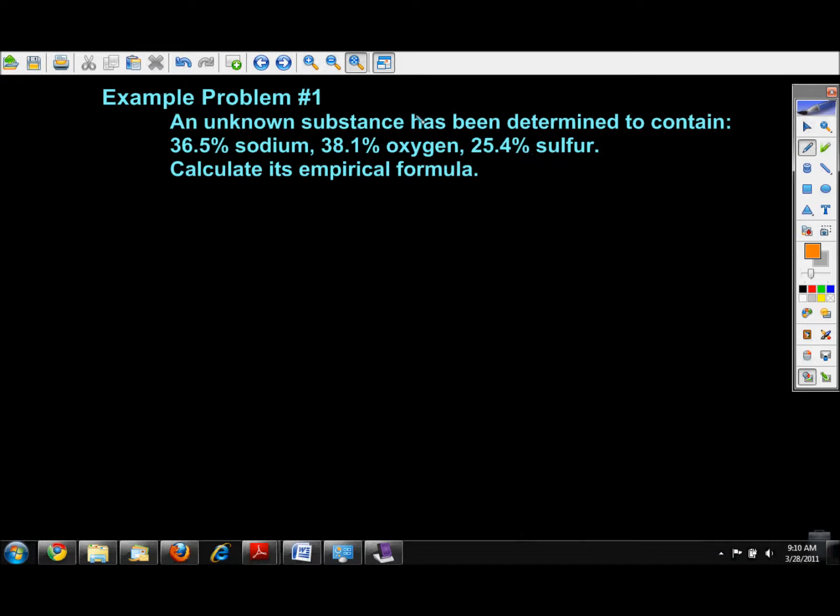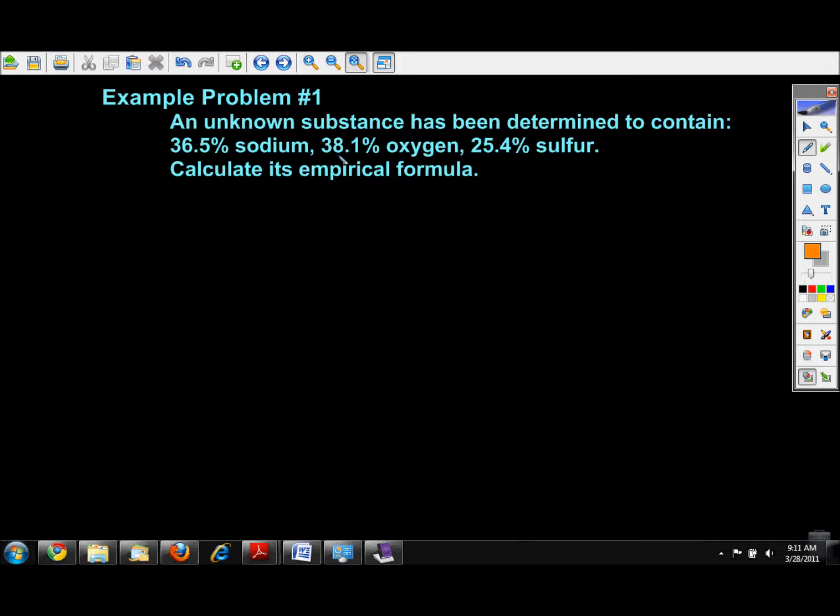So if we assume that all of this is based on a 100 gram sample, then that automatically changes these percents into grams. So that's what we're going to do. We're going to assume that we have a 100 gram sample, and that instead of 36.5% sodium, we have 36.5 grams of sodium, and likewise with the oxygen and the sulfur.